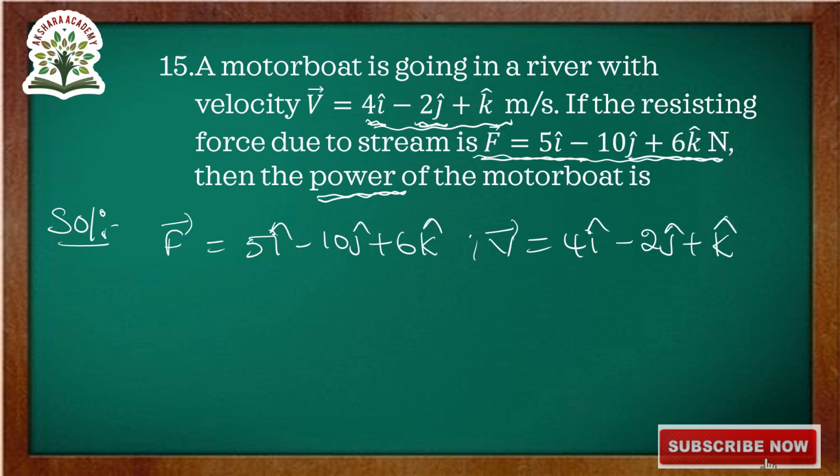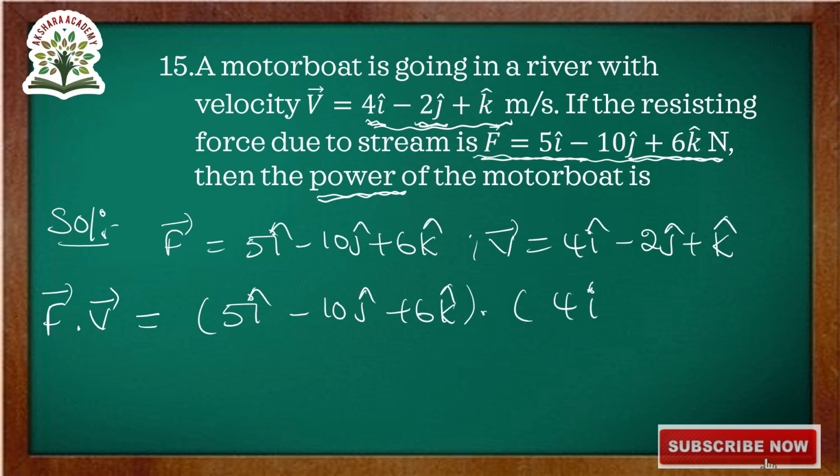So now we are finding its power, nothing but F bar dot v bar gives its power. So we are doing the dot product of these two, that is 5 i cap minus 10 j cap plus 6 k cap dot 4 i cap minus 2 j cap plus k cap.